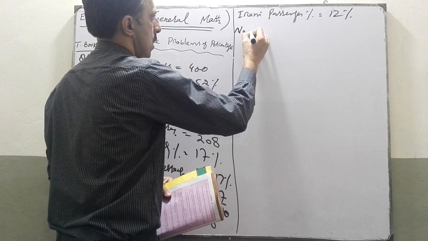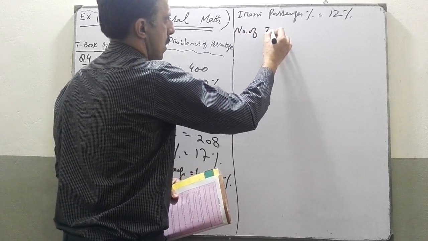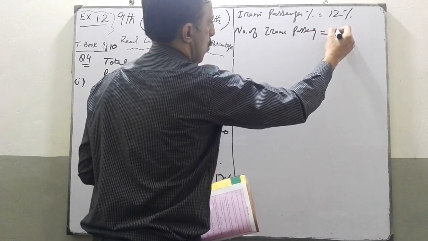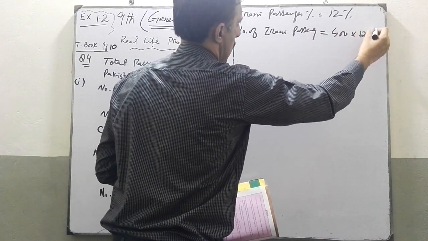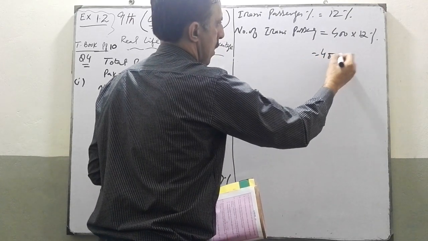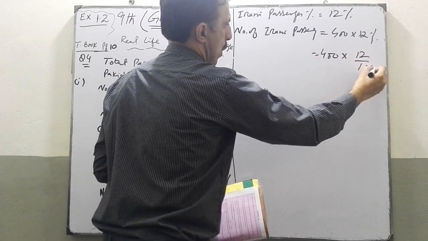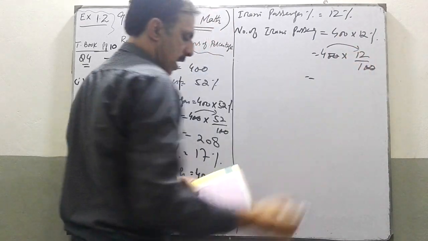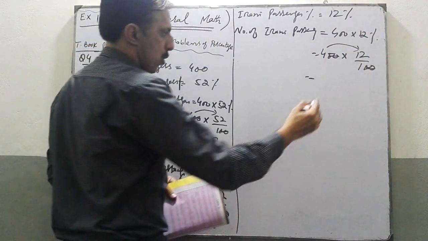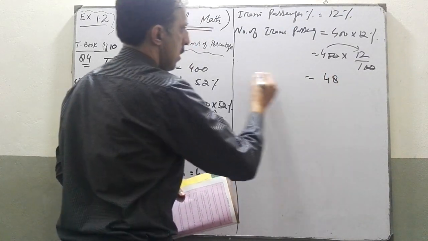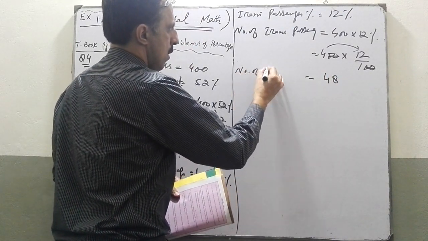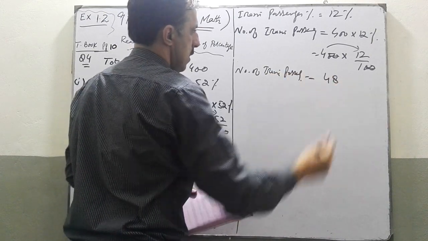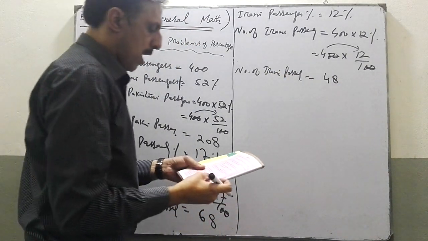The number of Irani passengers equal to 400 multiplied by 12%. 400 multiplied by 12 over 100. Again 20 cancel. 4 multiplied by 12. 4 8s are 12, 4 4s are 48. The number of Irani passengers. That is your first part of the question.